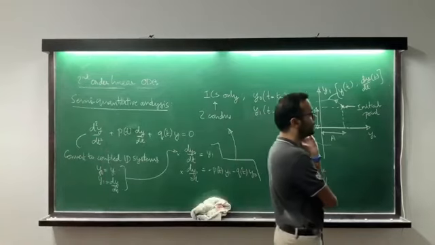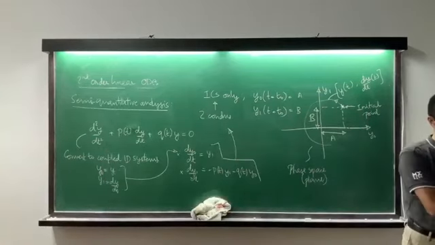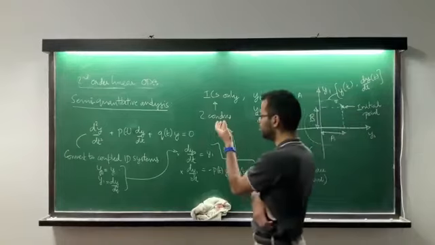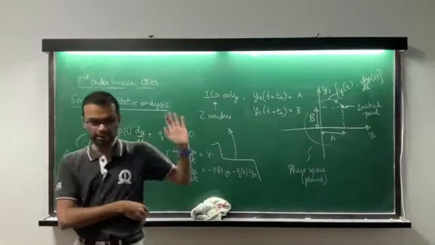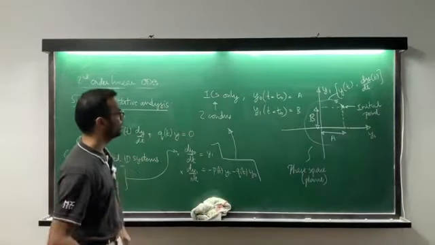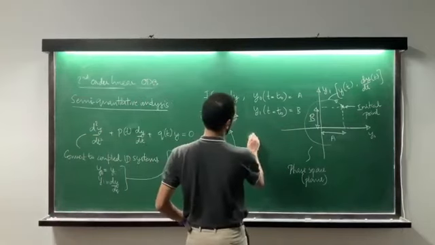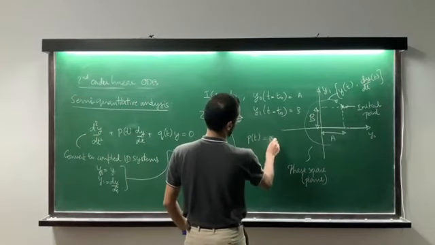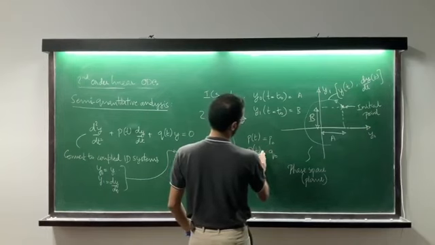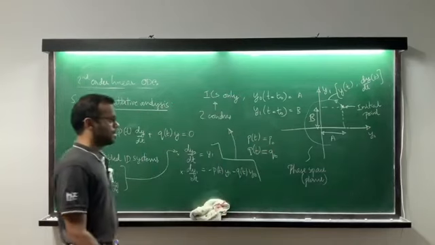Now, if I go back and look at the constant coefficient case, let's look at the same picture with the constant coefficient case. So if I put p of t equals p0 and q of t is q0, then what happens?